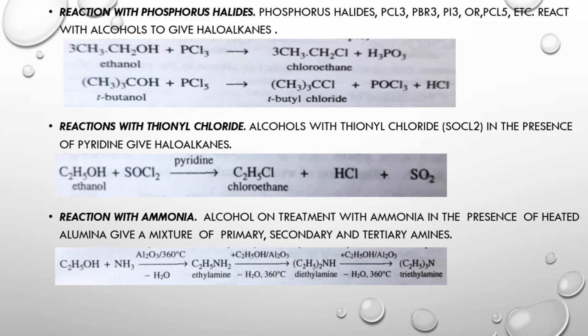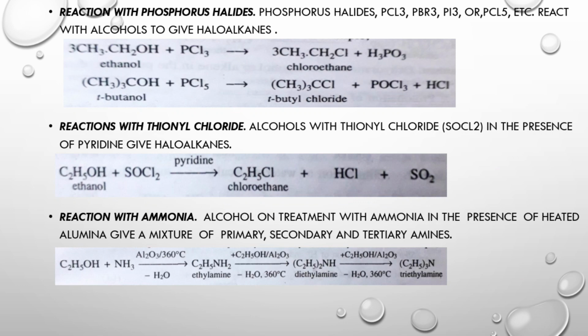Here, alcohols are converted into amines, and in the above reactions, alcohols are converted into haloalkanes with phosphorus halides and thionyl chloride, giving the respective alkyl halide and HCl and SO2.